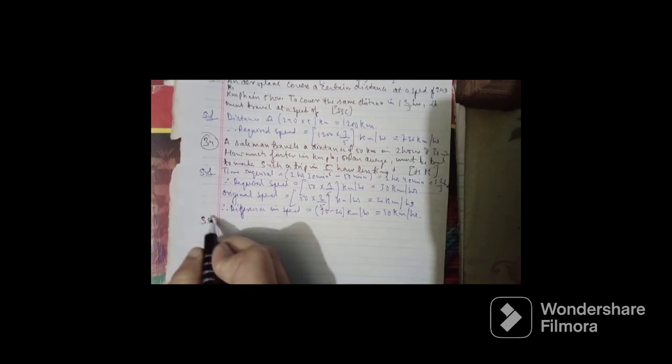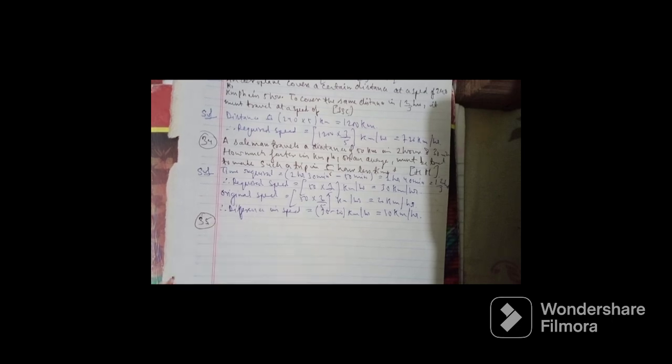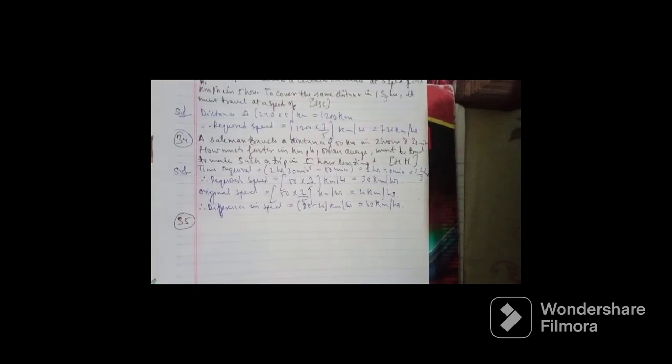Let's go for the next one, which is the 35th question of the session. The question is, a person has to cover a distance of 6 kilometers in 45 minutes.